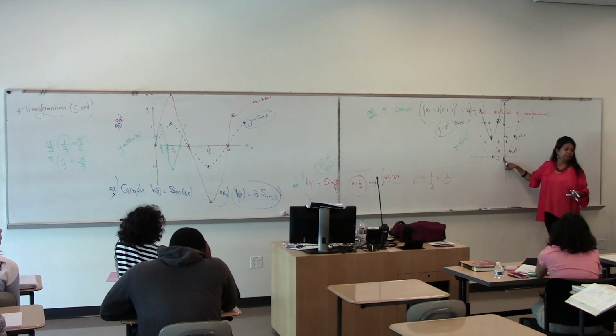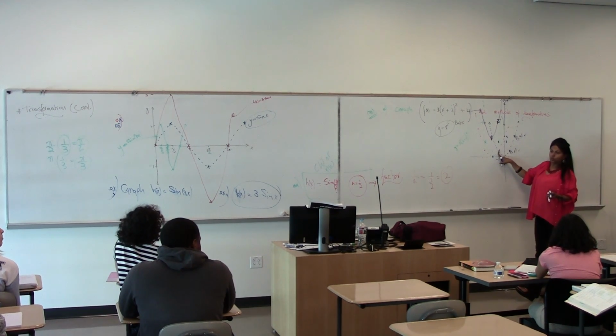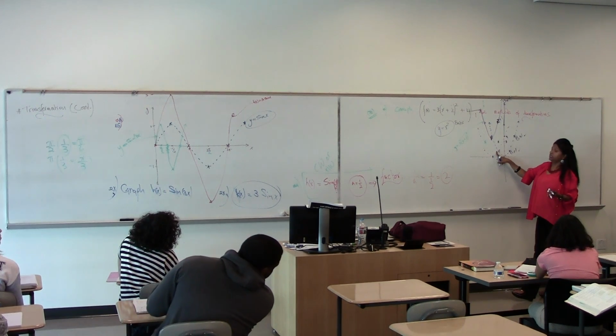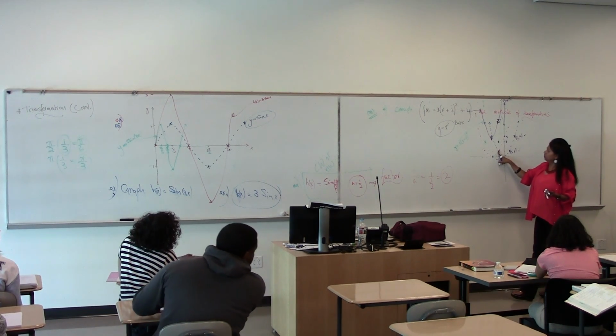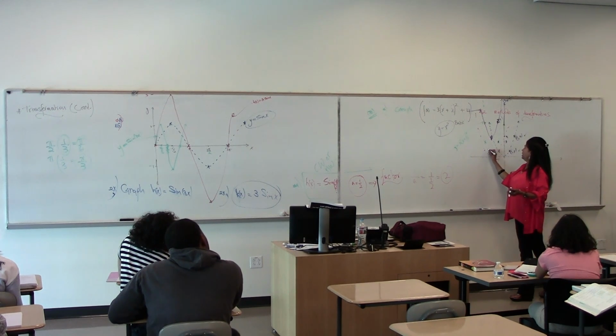Does anybody not understand? Yes. Okay, now what? What is remaining? This one? Yes. What are the coordinates here? Negative 1 and 1. Negative 1 and 1. Move to the left. It's here, right?